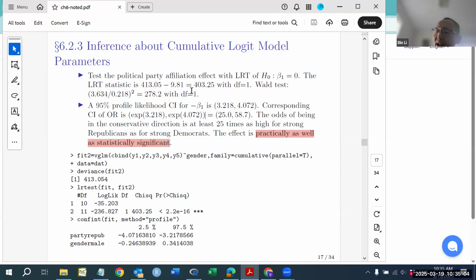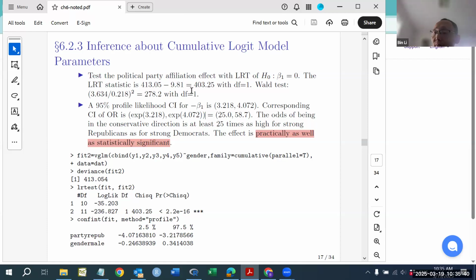If we have an ordinal response, then we can use the cumulative logit model. Especially, last time we talked about the proportional odds. The proportional odds for the cumulative logit model assume that for the different categories of y, the cumulative logit has the same shape.